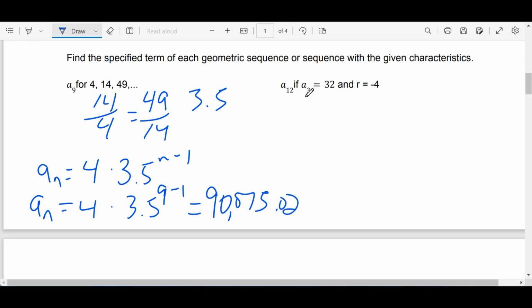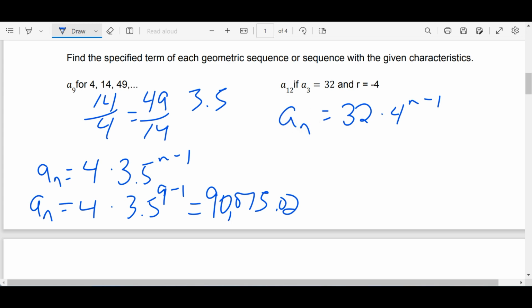Now, we want to find the 12th term if a sub 3 is 32 and r is equal to -4. Well, that's a little helpful. So what we're going to do is temporarily treat a sub 3 as our a sub 1. So we're going to make that 32 times 4 to the n minus 1 power equals a sub n.